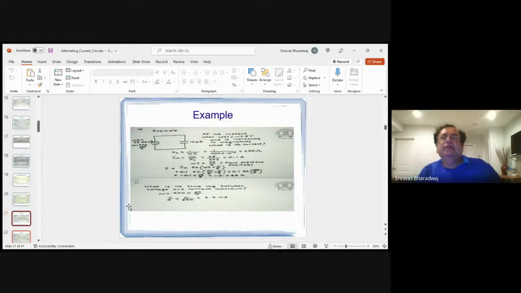It is at 7 pi by 6, right? So it is pi plus pi by 6, right? So that is when it is negative half, right? When is sine omega t negative? In the third quadrant. All sine, tan, cos, right?